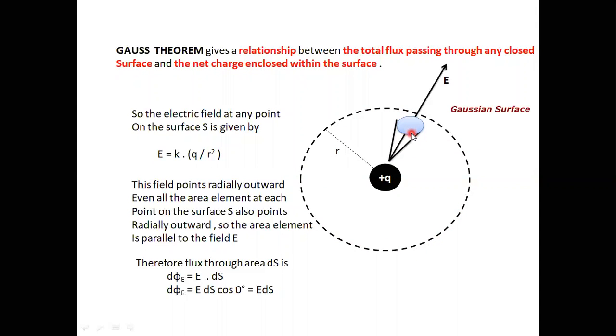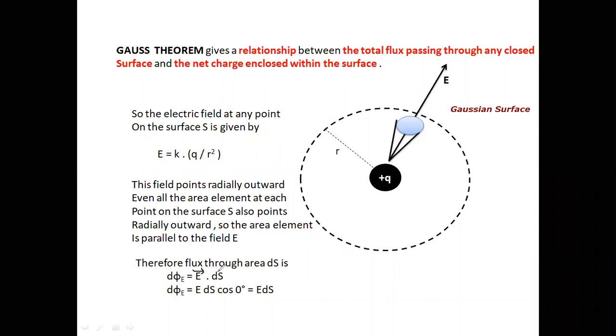We will first find how many field lines are passing through this blue shade surface, and then we are going to integrate to find our entire electric flux through this entire Gaussian surface. Now here ds is the surface area of this blue shade surface. So if I find my electric flux value, it is the dot product of capital E and ds. I forgot to give the arrow here.